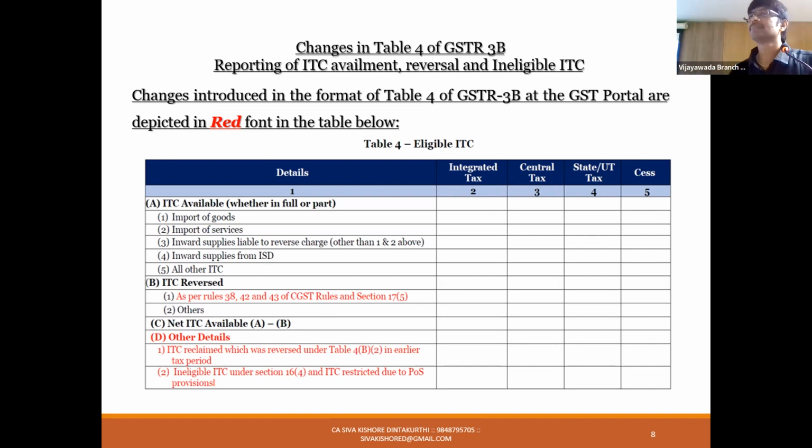This is the mechanism. Now you look at this mechanism, it is very easy to understand and explain, but it is very difficult to follow and implement. Every dealer must have a full-time accountant sitting in front of the system, doing all the reconciliations, keeping every invoice tracking.